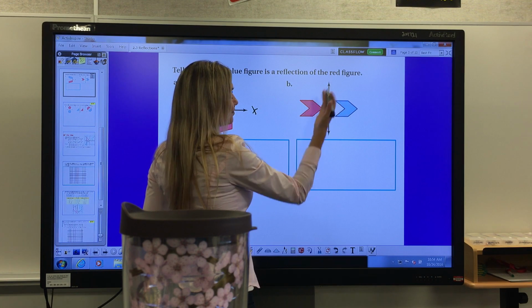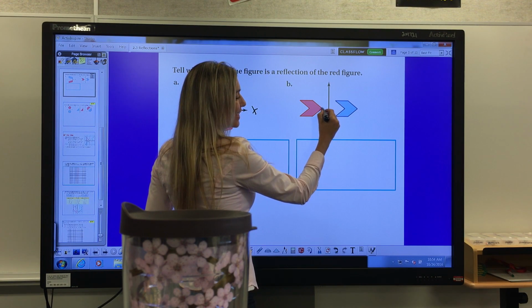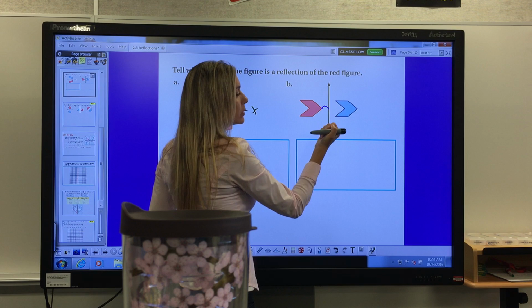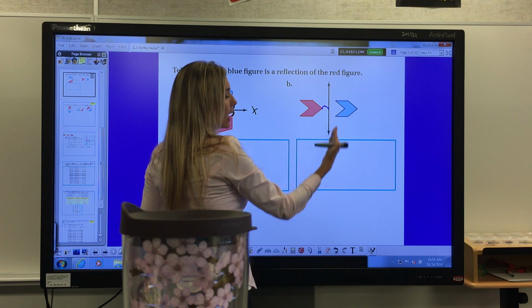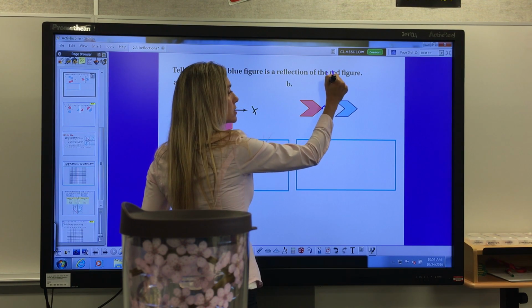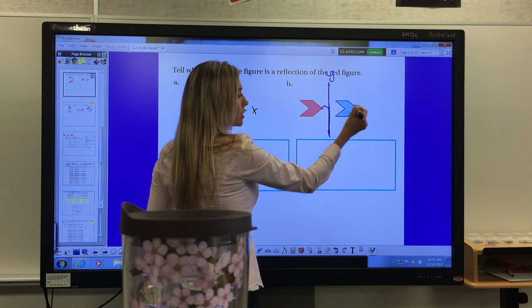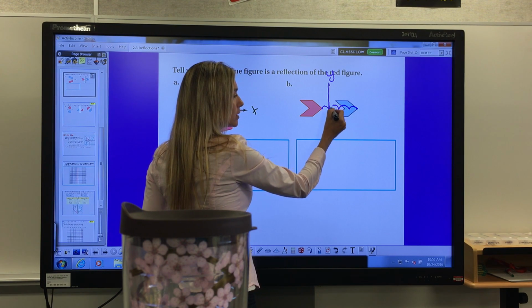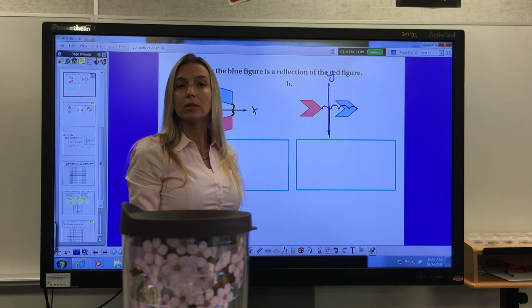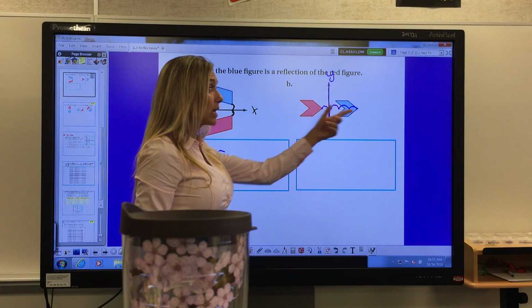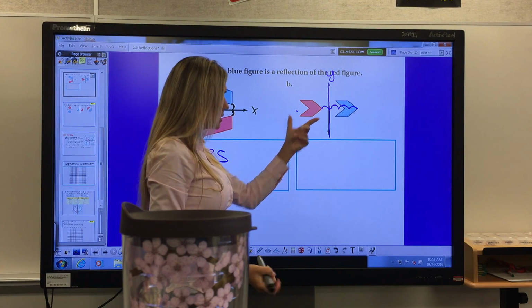Now let's look in here. This kind of a, I don't know, arrow. The top of the arrow is 1 unit away from my y-axis. And this time around, this is my line of reflection. The point is in here. Uh-oh, hold on a second. It's not the same distance, right? So it's not a reflection. What is it?